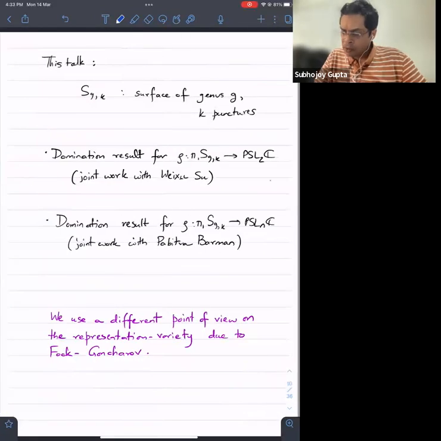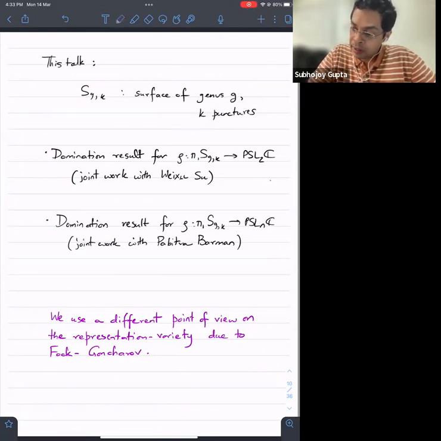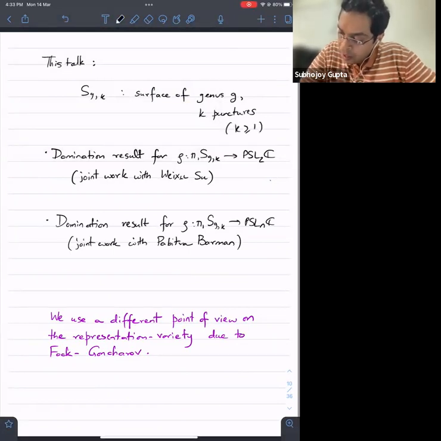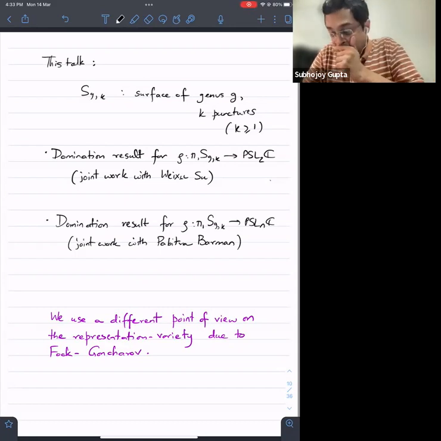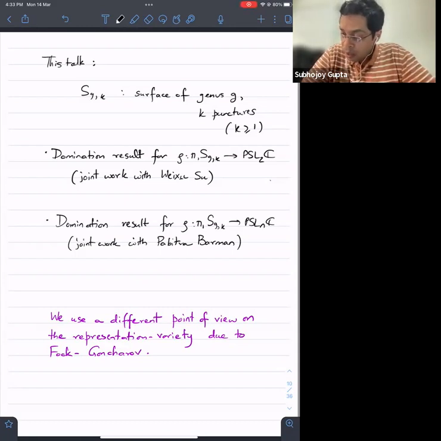All right. So in this talk I'll be talking about punctured surfaces. So I'm going to look at surfaces with genus g and k punctures, k at least one, I suppose. And I'll talk about a domination result for punctured surfaces into PSL2C first. This was joint work with Weixu Su, and a domination result for PSLnC. This is joint work with a student of mine, Pabitra Barman.